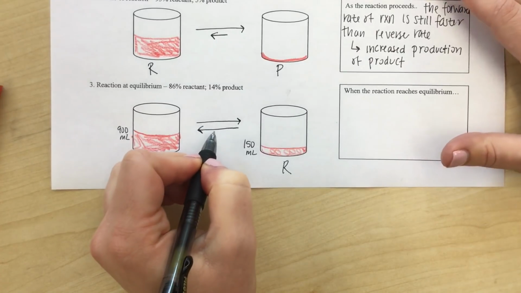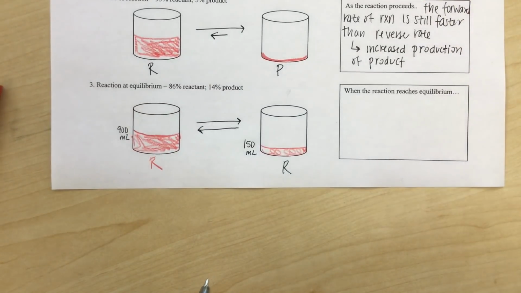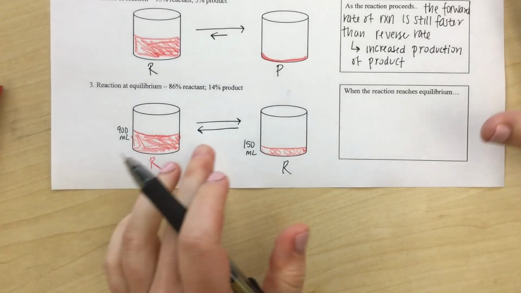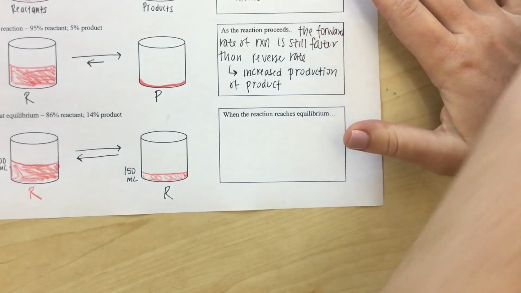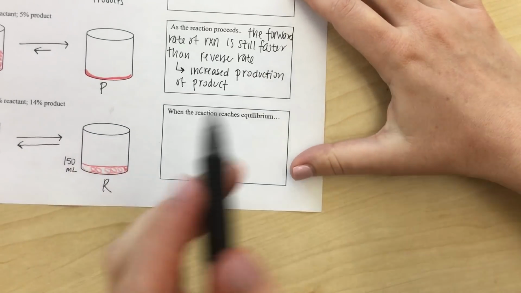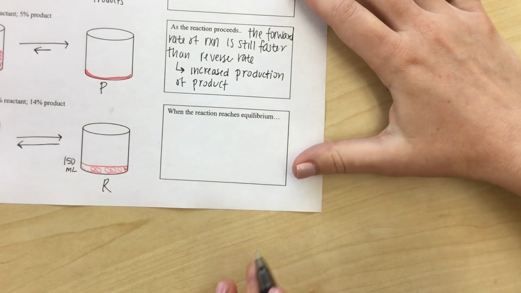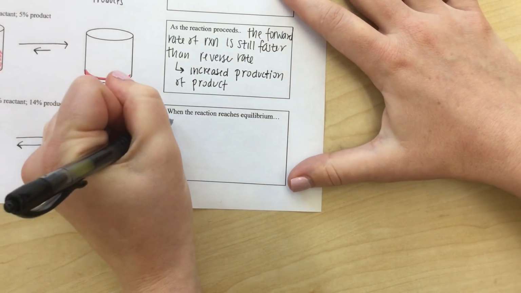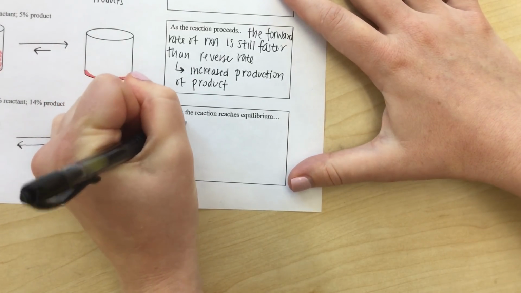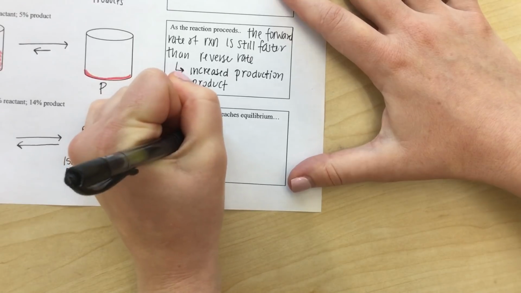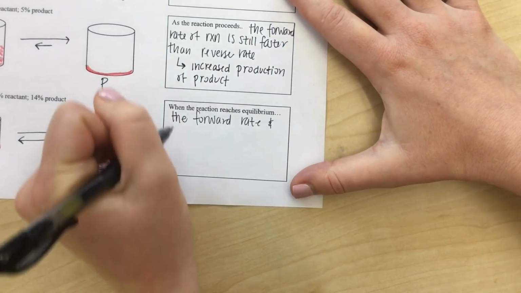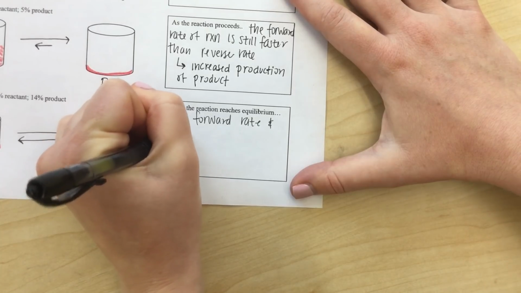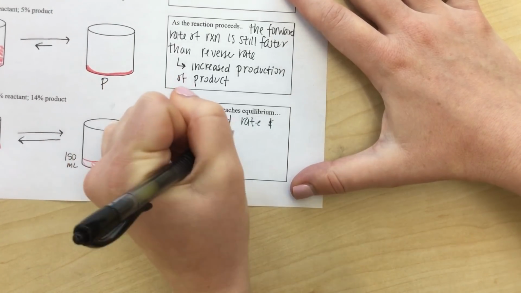So I'm going to show that by drawing my arrows the same size. These arrows show rates. So when I draw them at the same size, that shows that the rate is the same. So when the reaction reaches equilibrium, the rate forward and back are the same. So I'll say the forward rate and reverse rate are the same.